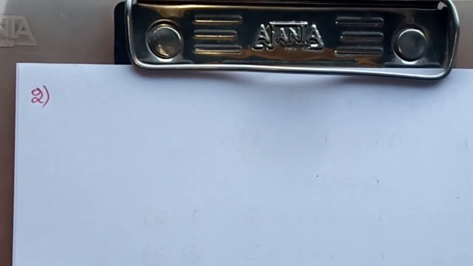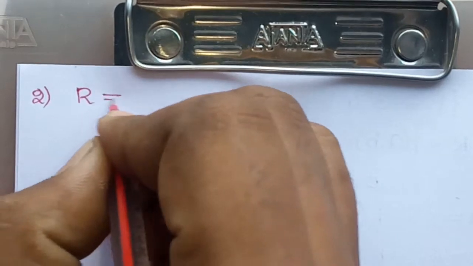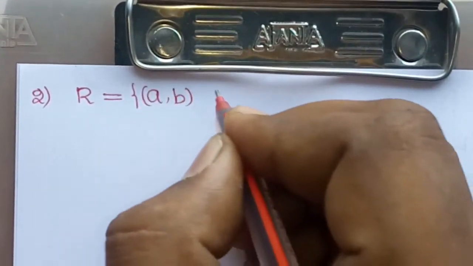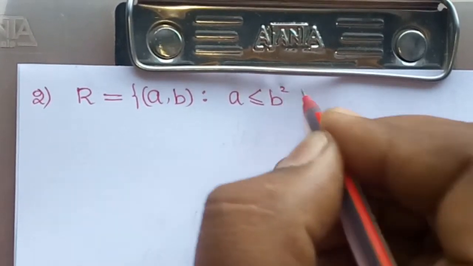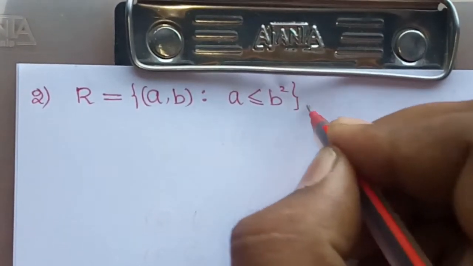The question is: show that the relation R in the set of real numbers is defined by the set of ordered pairs (A, B) such that A is less than or equal to B square. So this is the relation defined.